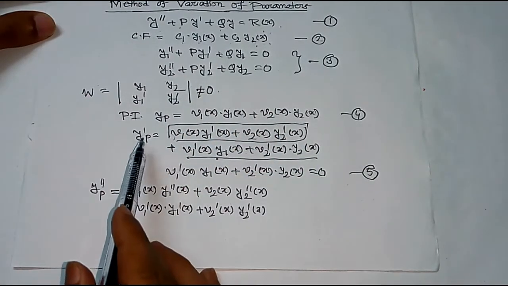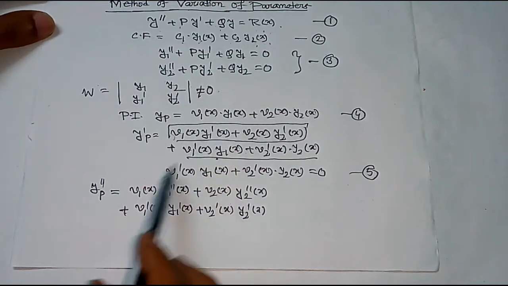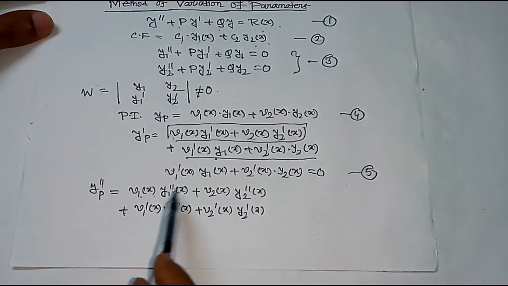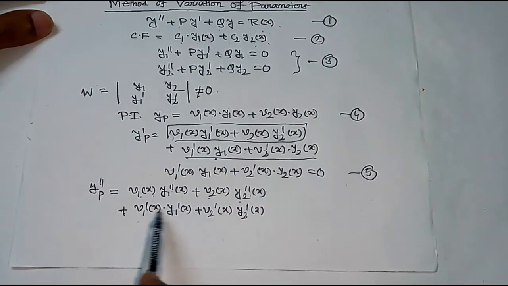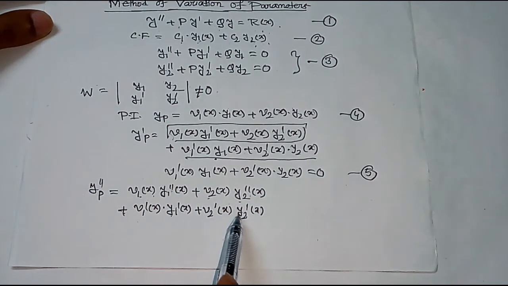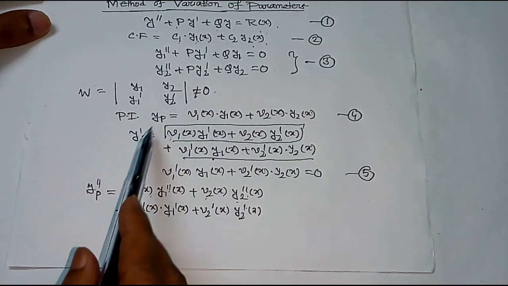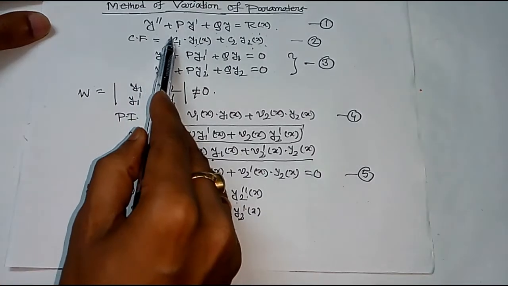Next we compute the double derivative. If we differentiate this equation again, then it becomes yp double dash equal to v1 y1 double dash plus v2 y2 double dash plus v1 dash y1 dash plus v2 dash y2 dash. Next we shall replace these three values yp, yp dash and yp double dash in the main equation 1.